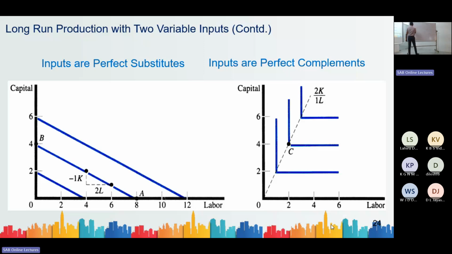Before that, give me some examples of two perfectly substitutable inputs. Example, let's say I want to produce 1 kilogram of potato chips.